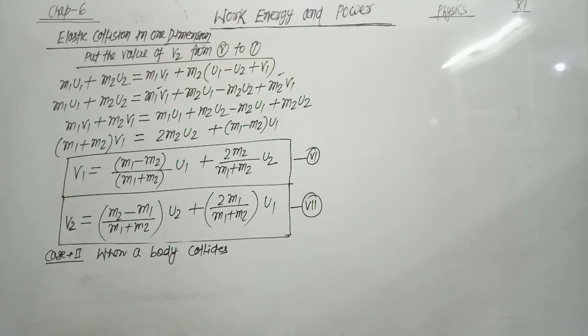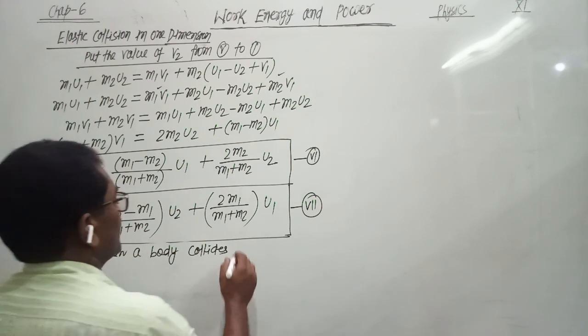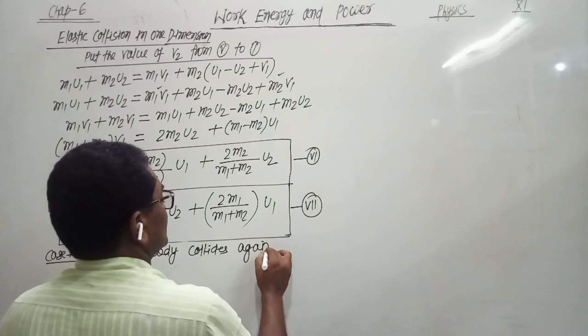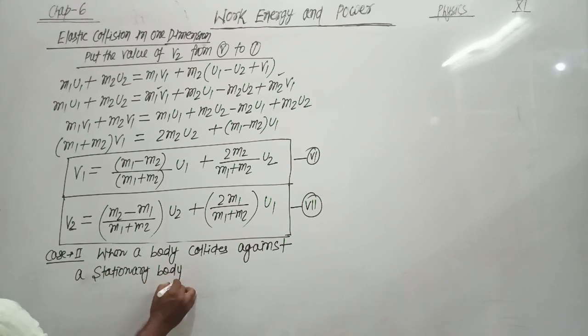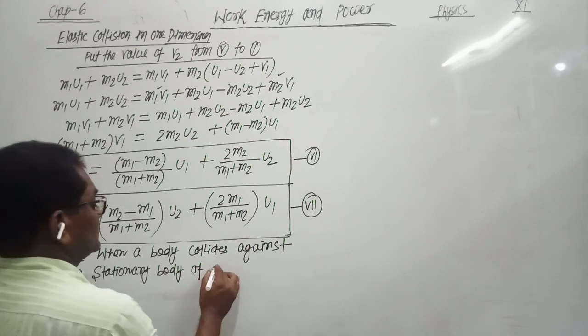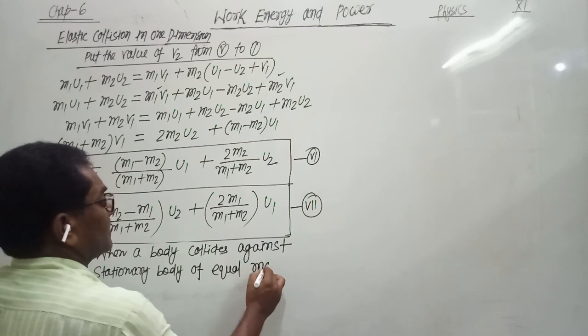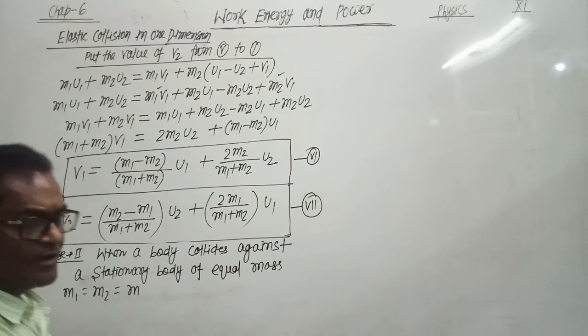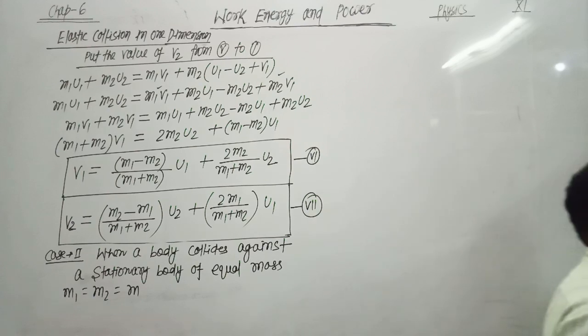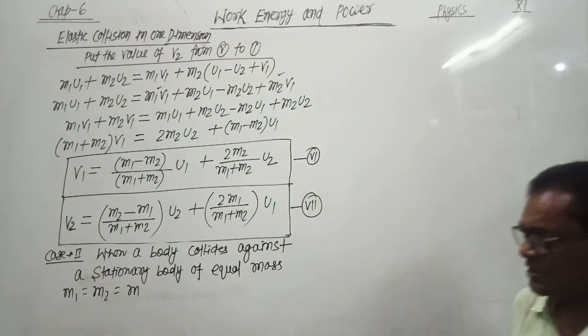When a body collides against a stationary body of equal mass, meaning two bodies having equal masses, m1 equals m2 equals m, and the velocity of body B is 0, meaning body B is at rest.